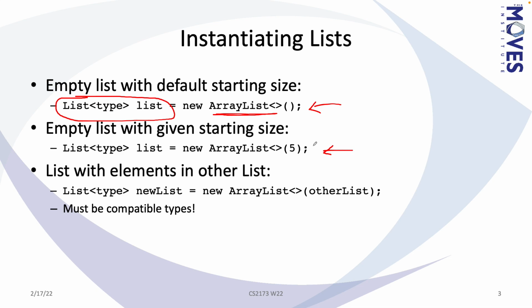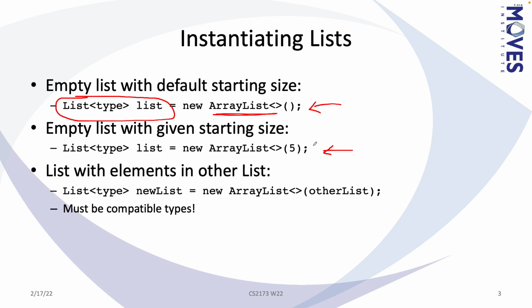Usually you want to give a bigger number if you're doing this. If you remember, what the array list does under the hood is what you had done in that one assignment, where if you had to expand your array, you had to create a new one that was a bigger size and then copy all the old stuff. Obviously, that's going to be a bit more expensive compared to the other operations.